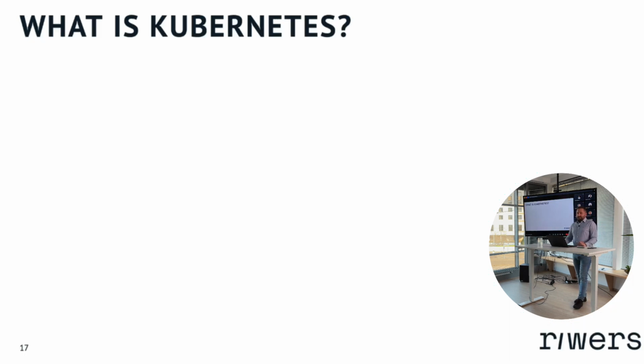So now let's talk a bit about the target topic, and that's Kubernetes. What is Kubernetes? Kubernetes is a distributed environment to run your workloads, and Kubernetes is a resource manager. What that means, we will talk about in a while. The very basic thing is it's composed of two things.